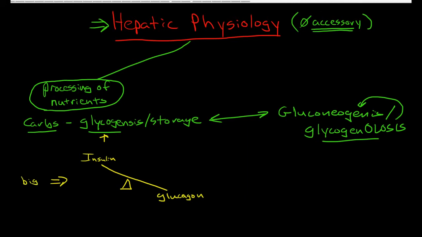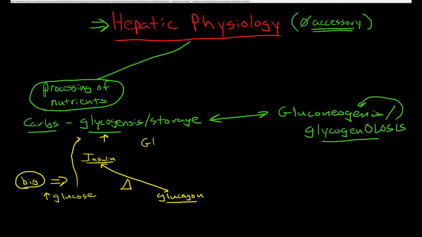You have a big meal, your portal vein is packed filled with carbohydrates, and the pancreas has also been stimulated by the presence of glucose in the GI tract to produce insulin, and glucagon secretion at the same time is being suppressed. So we have more insulin, less glucagon, and lots of glucose available to the liver. So the liver produces glycogen.